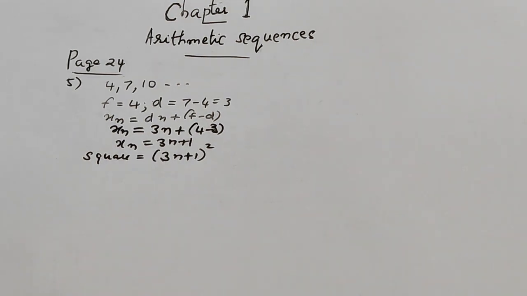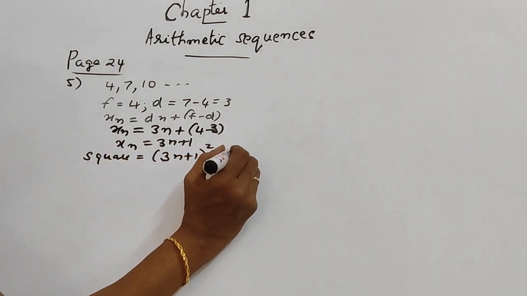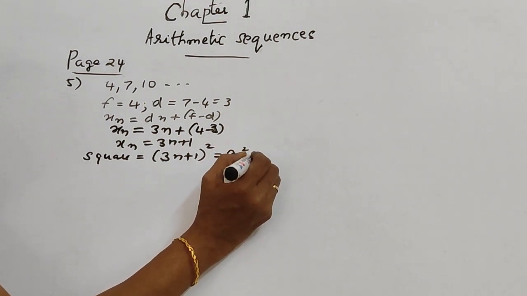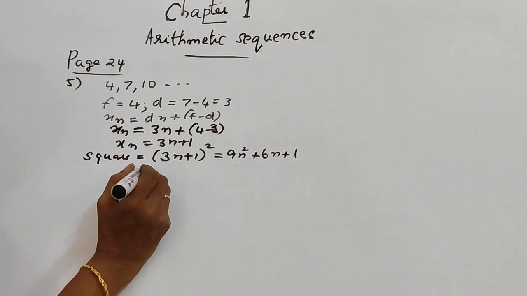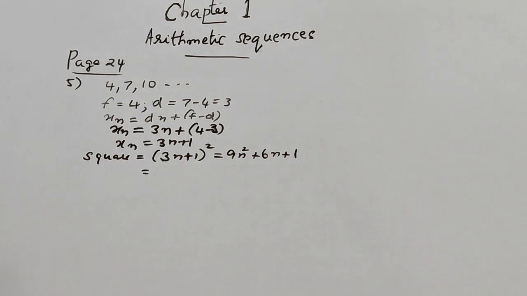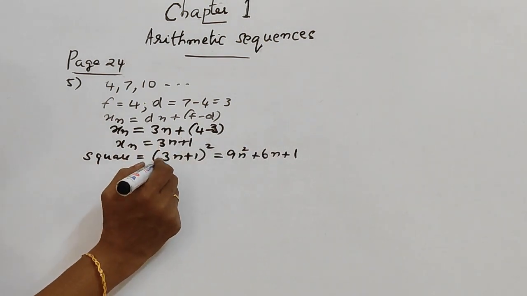It is in the a plus b whole square form: a square plus 2ab plus b square, equals 9n square plus 6n plus 1. We can take 3 common factor from these two.